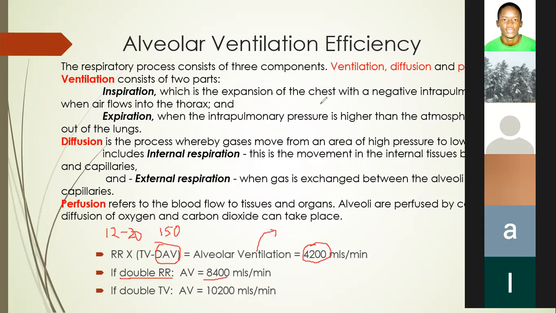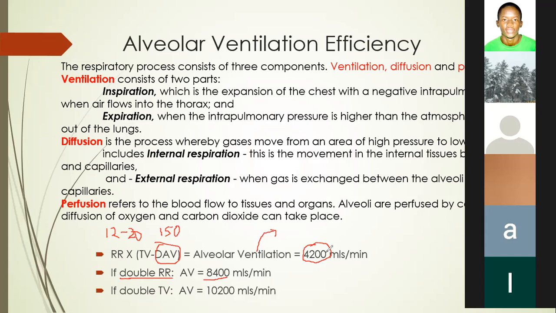Now compare this to if you don't double the respiratory rate, but instead you double the tidal volume. One breath gives you 350 mLs. If you multiply 350 by the respiratory rate, it gives you roughly about this.